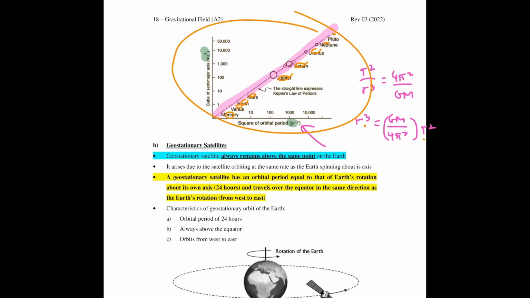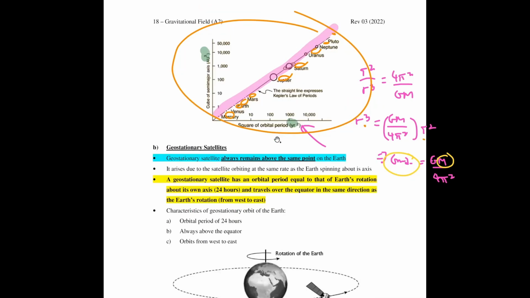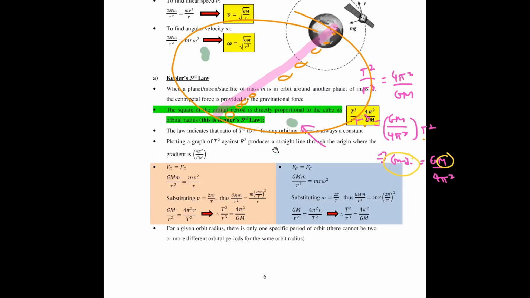In your case, the gradient is actually GM over 4 pi squared. You can find out the value of the big mass M if you know the value of the gradient from the graph. That's the significance of knowing this.